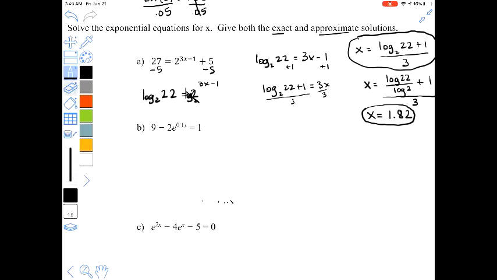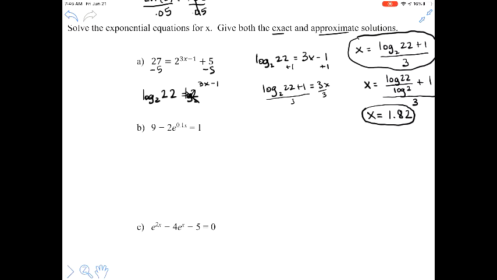All right, for part B, I need to get this term here by itself before using a natural log. So I've got to subtract the 9. Then divide by -2.